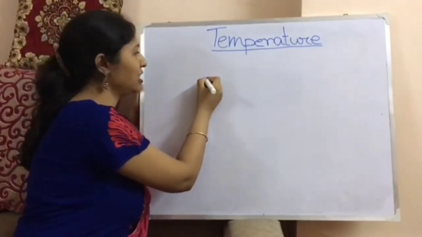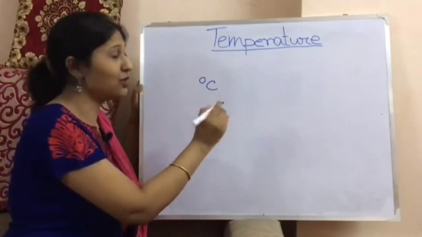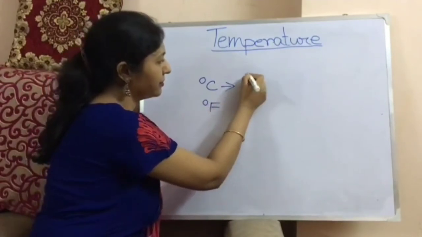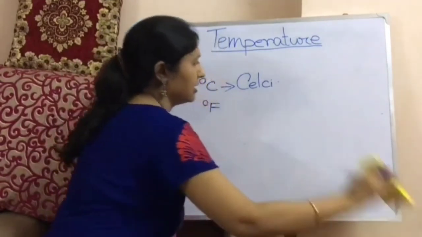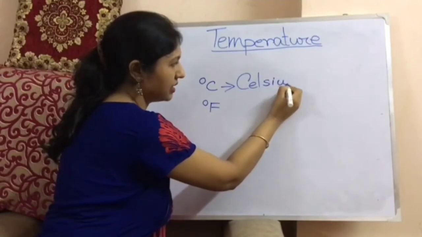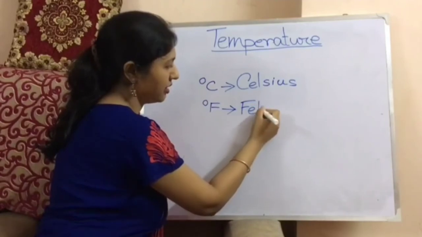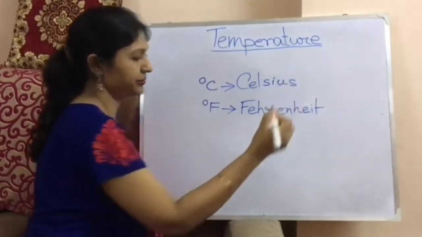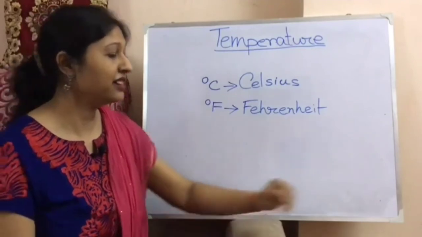Celsius or centigrade we denote by degree C, and Fahrenheit we denote by degree F. Temperature we usually measure with a thermometer.